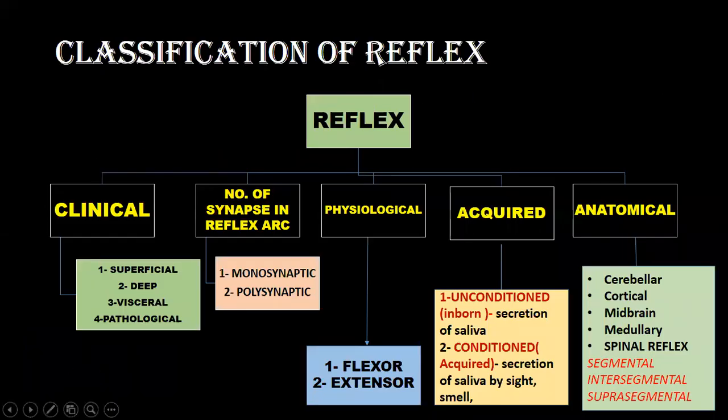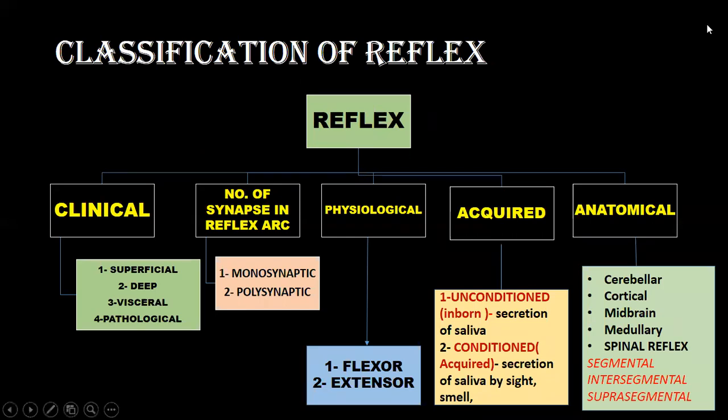So these are the classification of reflexes. When we talk about the reflex, what is a reflex? Basically we say that reflexes are involuntary movements. What does involuntary mean? It means the movements which are not in our control, and these involuntary movement responses due to any sensory stimuli are called reflexes.